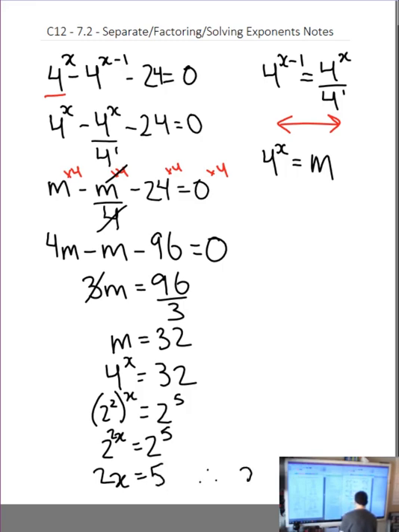Therefore, x is equal to, if I divide both sides by 2, 5/2. So again, feel free to take that answer 5/2 and plug it back in and make sure it all works. It has to work.